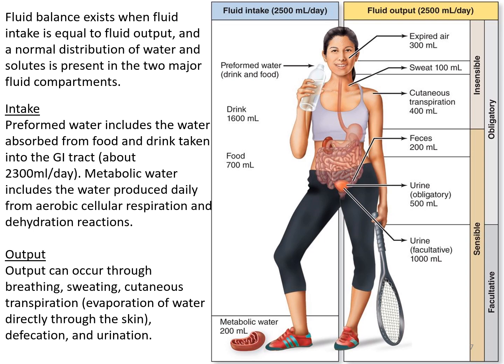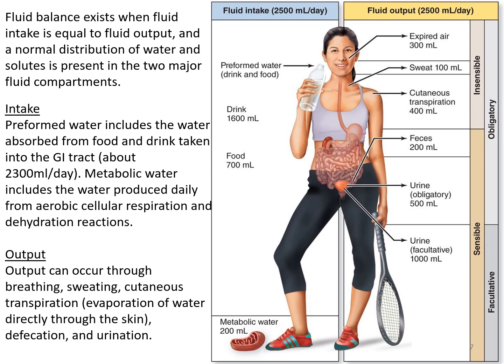You've got metabolic water, which includes the water that's produced from your daily cellular reactions, most of which are aerobic cellular respiration, and then dehydration reactions. So our cells are doing all their metabolic activities, and they can create water that way as well. So taking it in, and then our cells kind of doing what they do, forming water, that's how we're going to get our intake. Output happens through breathing.